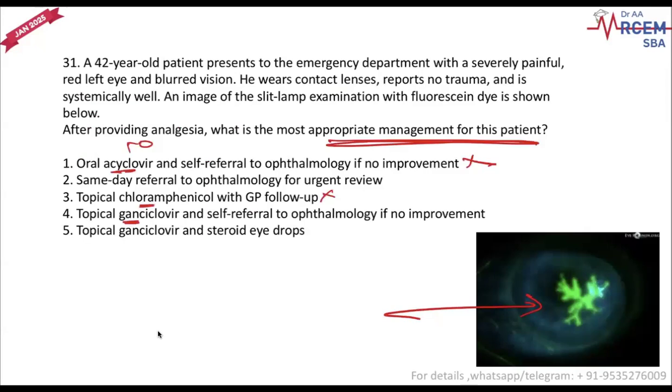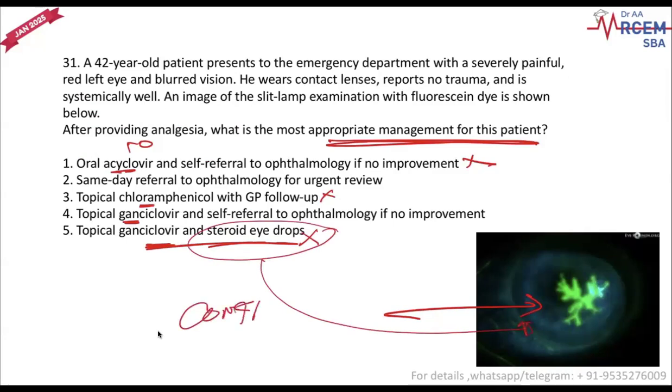Topical ganciclovir and steroid drops, you can rule this one out also, because steroid drops are only given on the advice of the ophthalmologist. And in herpes simplex keratitis, that is dendritic ulcers, it is contraindicated. It can worsen the condition. It's contraindicated here. Now we are left with two options. One is option 2, another one is option 4. Which one is correct here?